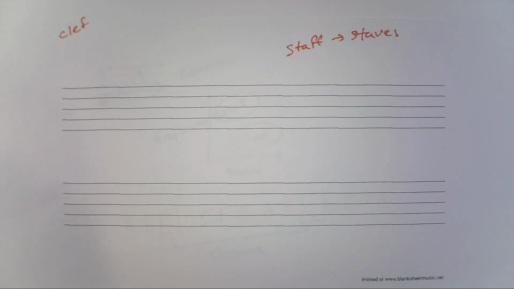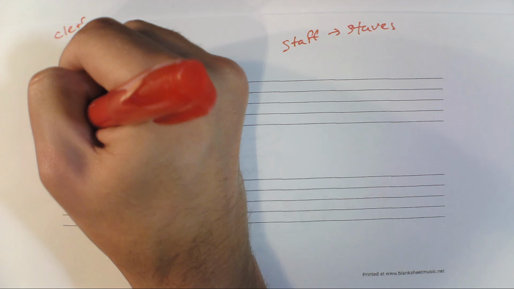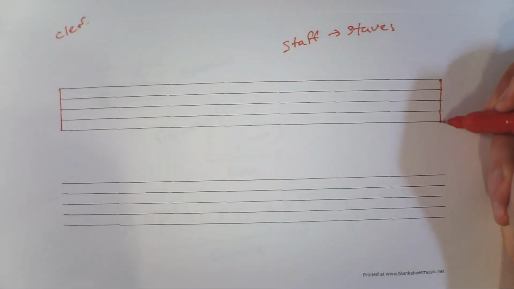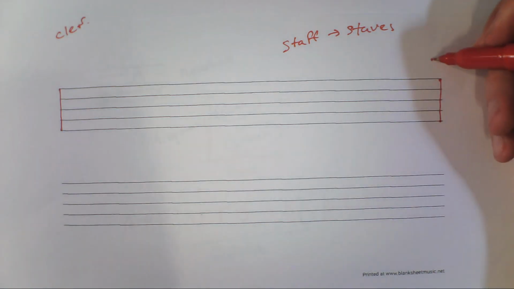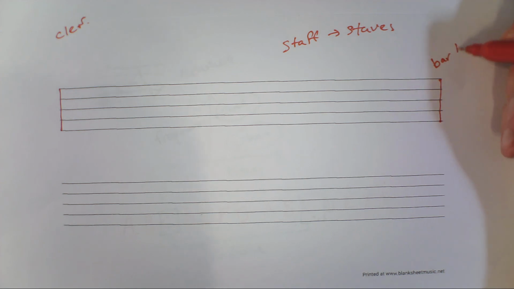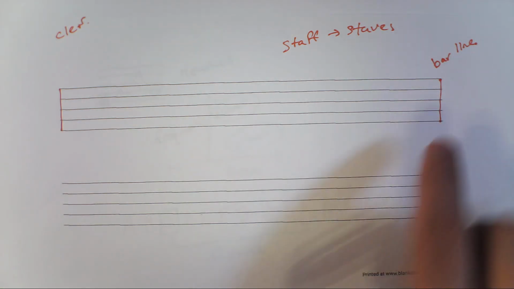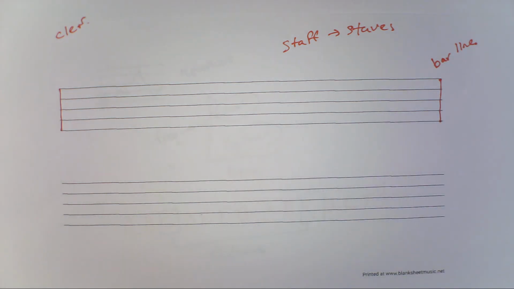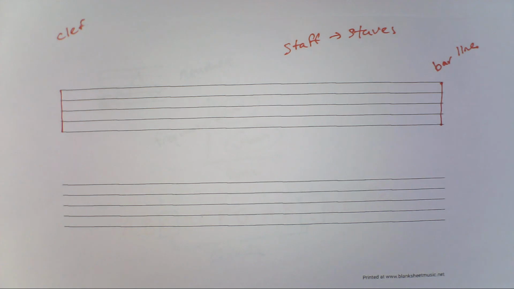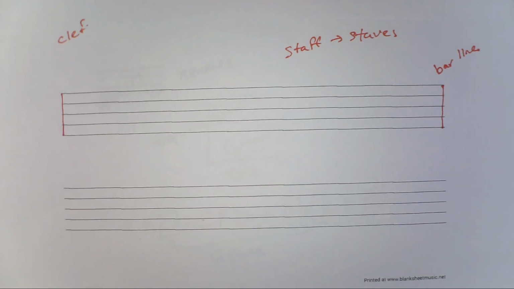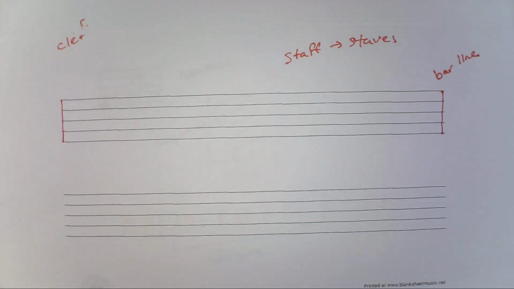So before I draw my clef, I'm going to put bar lines at the beginning and at the end. This, as I just mentioned, is called a bar line, and we use them to show the beginnings and ends of staves, as well as to mark measures, which we haven't talked about yet. We will, I promise.